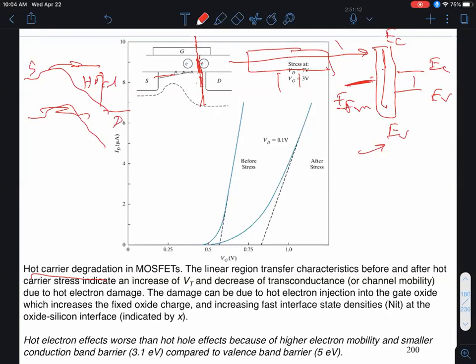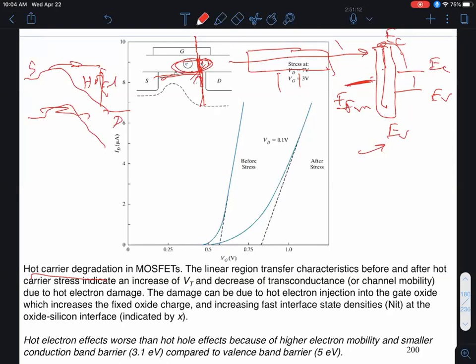So then, as I inject electrons and they become hotter and hotter, they're basically moving up in energy in the silicon channel. And if they gain enough energy, they can be injected into the oxide, where some of these electrons or holes can be trapped in the oxide because the mobility of carriers, remember we said, is very, very small in amorphous oxide dielectrics.